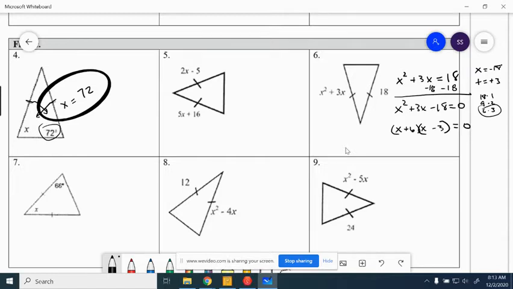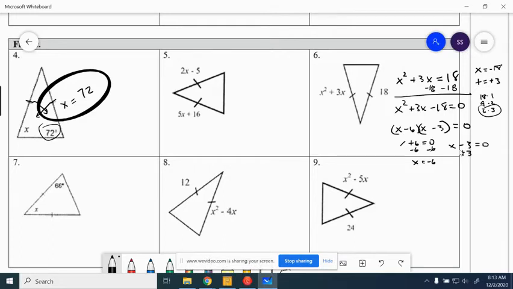Essentially this is just two different equations. x plus 6 is equal to 0. How do you solve for x? Subtract 6 on both sides, and you're left with x is equal to negative 6. And then the other one, x minus 3 is equal to 0.